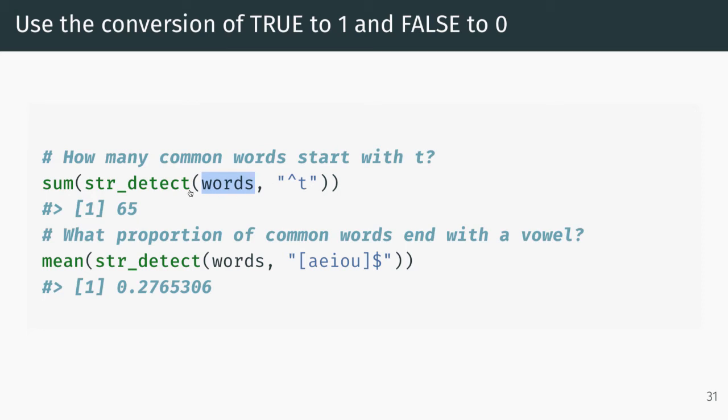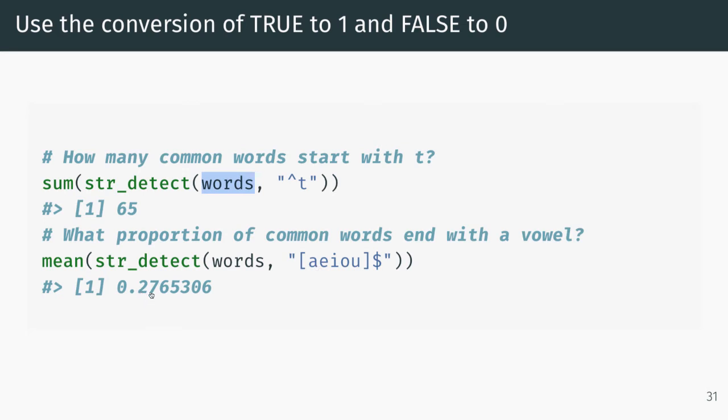So it returns true 65 times. That 65 is equivalent to 65 ones. So by wrapping this in the sum function, we can get the sum of those 65 ones. We can also get the average of those 65 ones. We can see what the average number of words that start with T is.